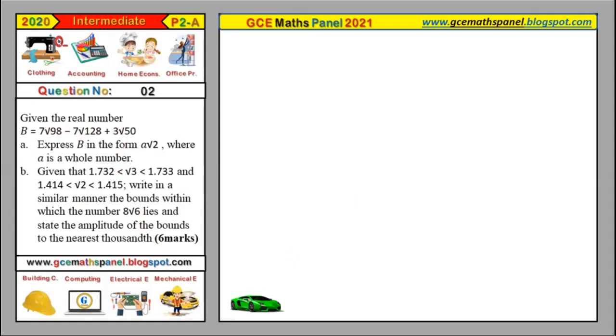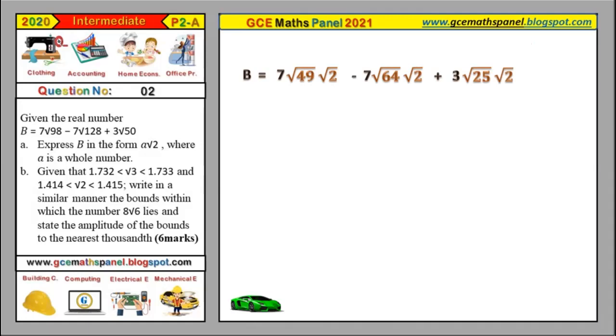Root 98 is the same as, the square number in 98 is 49, so that will give us b equal to root 49 times root 2, minus root 128 which is the same as root 64 times root 2, then plus 3, and root 50 is the same as root 25 times root 2.